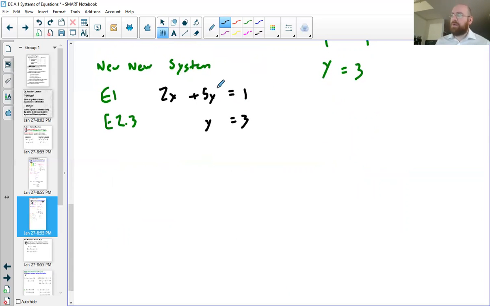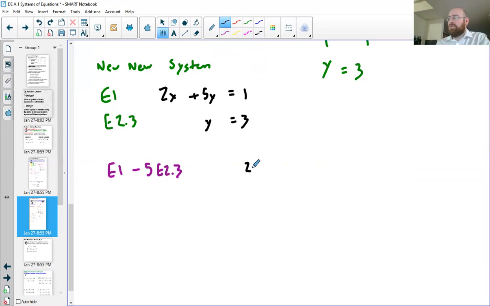And I want to get rid of the y term from our first equation. And to do that, I'm going to do equation 1 minus 5 times equation 2.3. Negative 5, excuse me, will allow us to cancel it out.